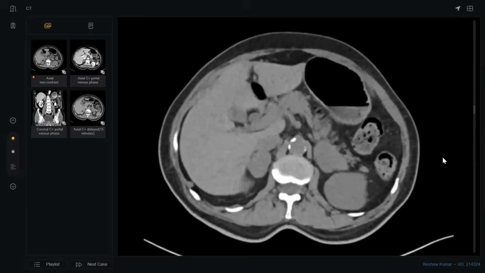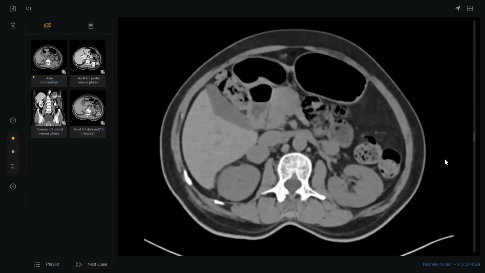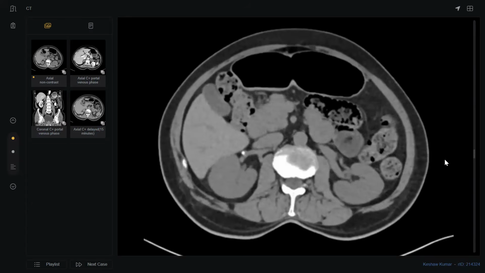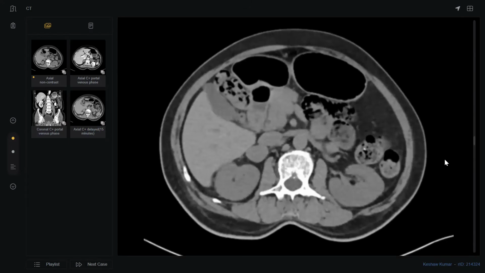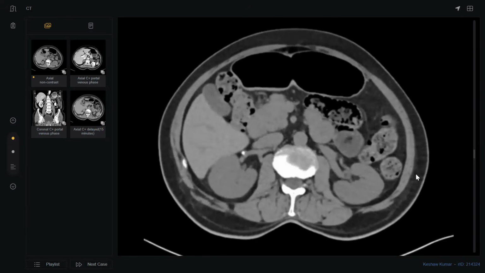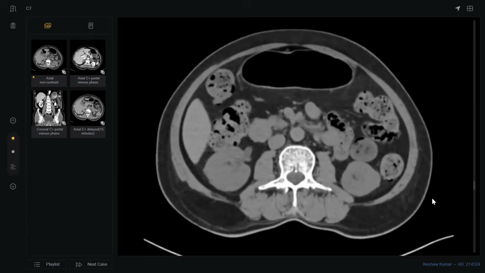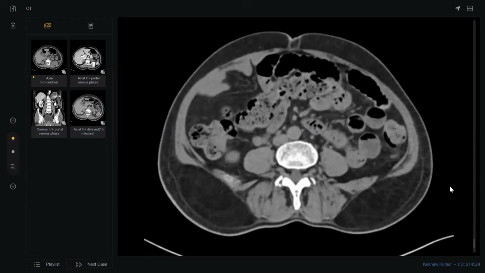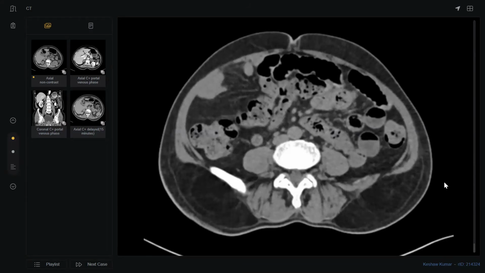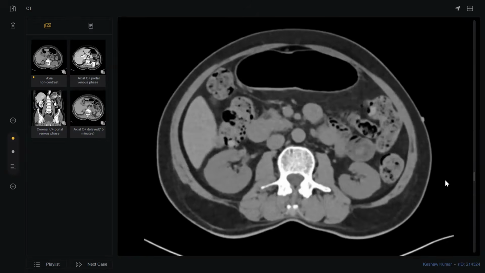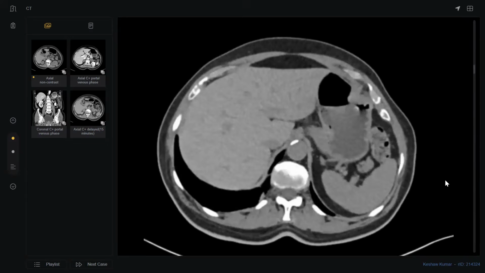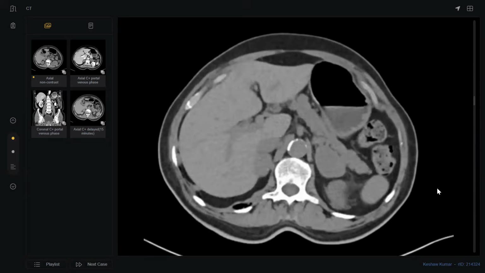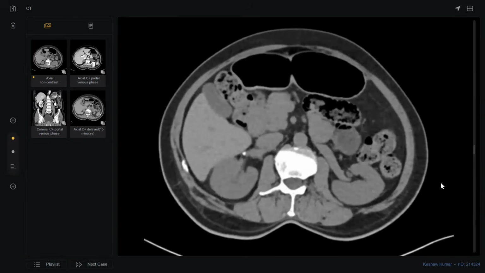It's very jumping, sir. Going down, looking at other structures, the bowel is unremarkable. So the gross finding I can see is bilateral adrenal masses with right-sided peritoneal deposits.